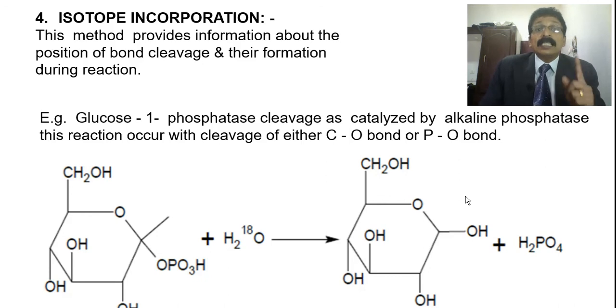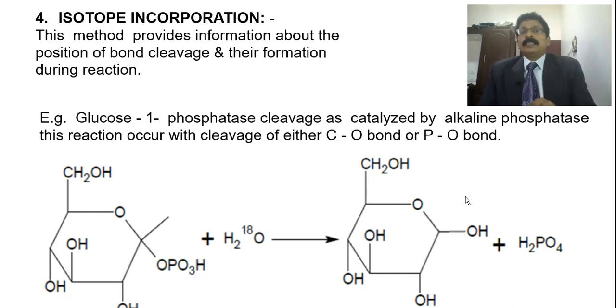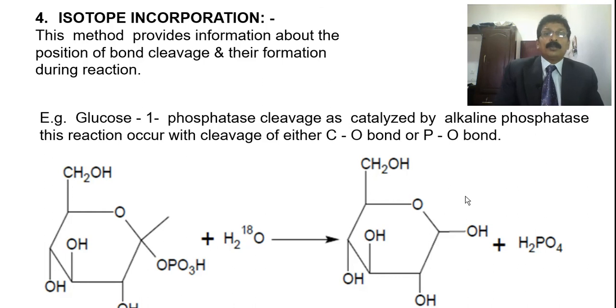This reaction occurs with cleavage of either the carbon-oxygen or the phosphorus-oxygen bond. Here the reaction shows a phosphated glucose molecule, where the carbon-oxygen bond or the phosphate-oxygen bond is cleaved, and it gives glucose and phosphoric acid.